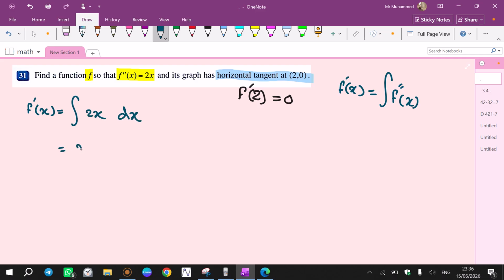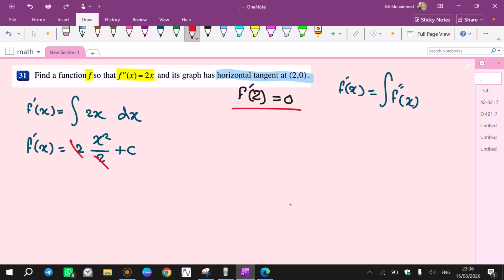Integral of 2x is 2x squared over 2 plus c. This is f prime x. Now I need to know something about f prime x to find the value of c. And luckily I do know, depending on the given that says horizontal tangent.